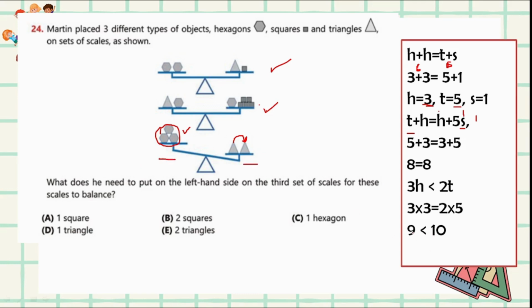Now what can we add to this 9 to get both sides equal? So if we add 1 square to 9, or if we draw 1 square over here, then the total will be 10 on both sides. 9 plus 1 is equal to 10. So 1 square will be added on the left side of the third scale to balance it.